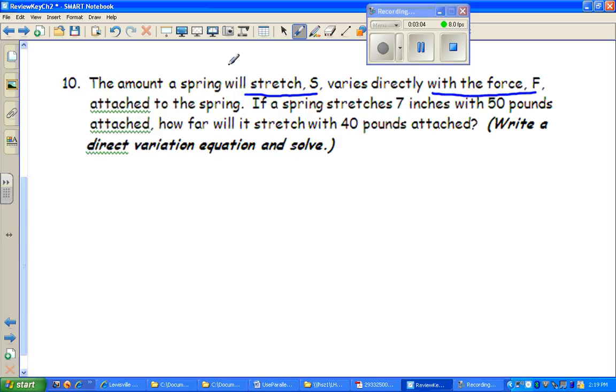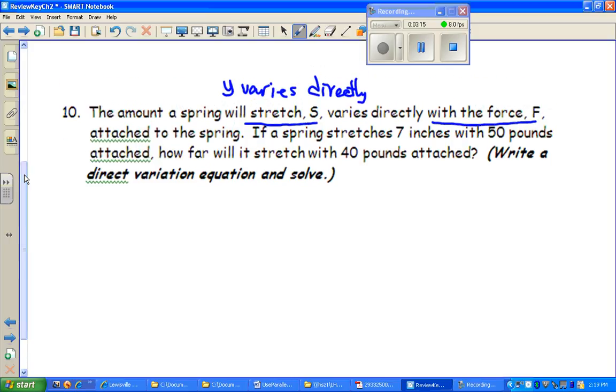Remember that in the previous problem they said y varies directly with x. So in this situation, s, the stretch of the spring, is like my y, my dependent. The stretch of the spring depends on how heavy the weight is that we attach to it.